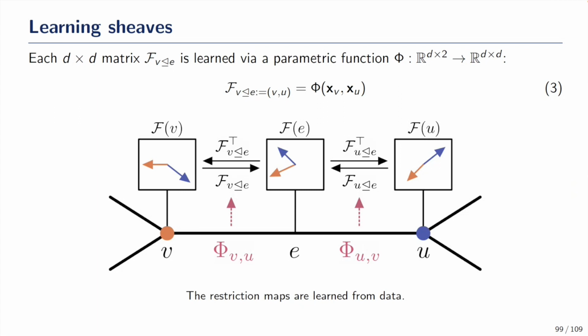It could be a linear layer, for instance, or a multilayer perceptron, MLP. You have all these choices, and those are all the parameters, but they are shared. You use the same parameters to compute these over all the edges. So it's a low number of extra parameters.